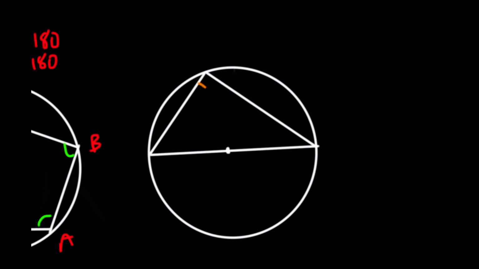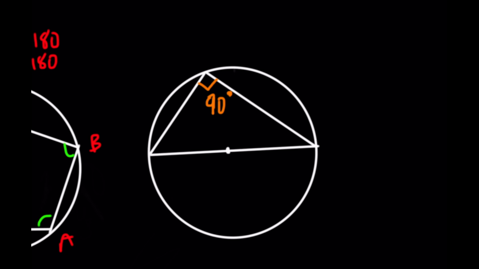The triangle is on the diameter, which makes the angle here 90 degrees. So any triangle that lies on the diameter, on only one side of the diameter, is a right triangle.